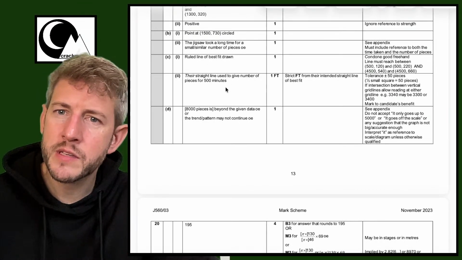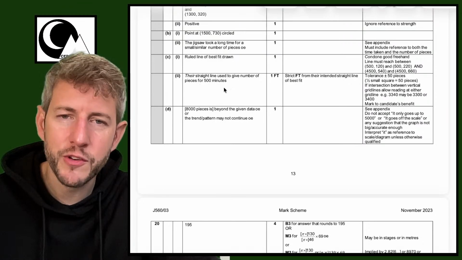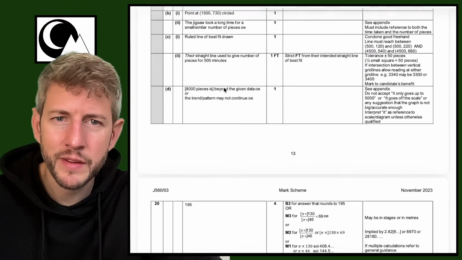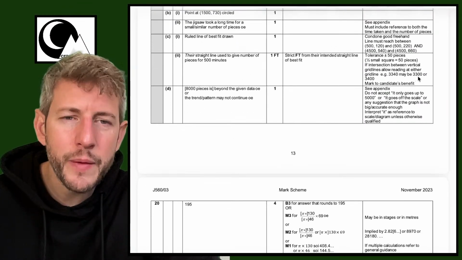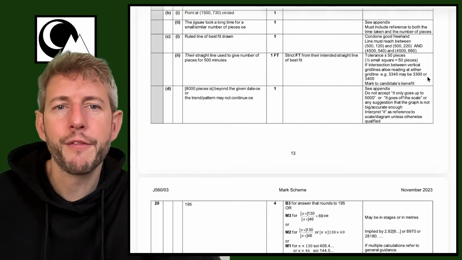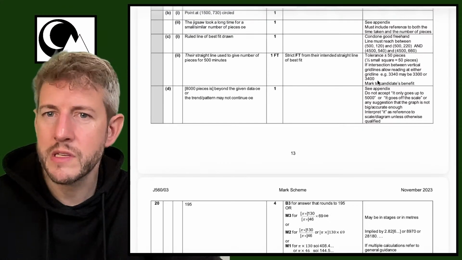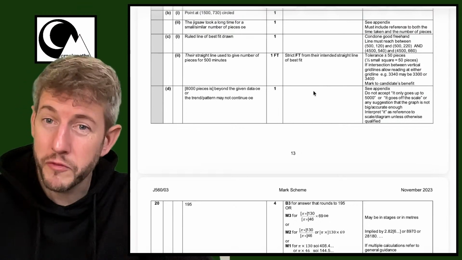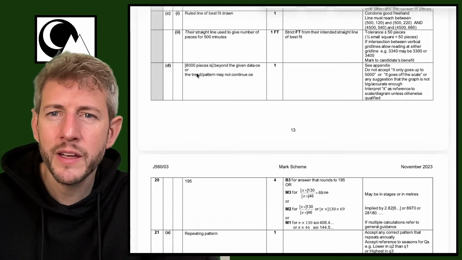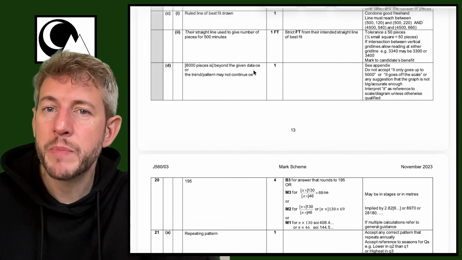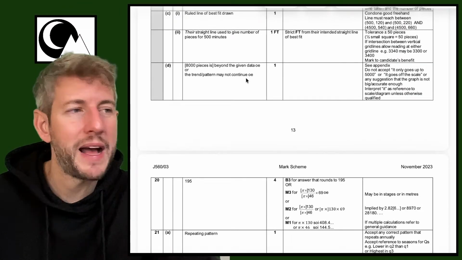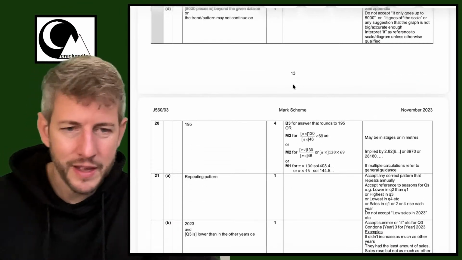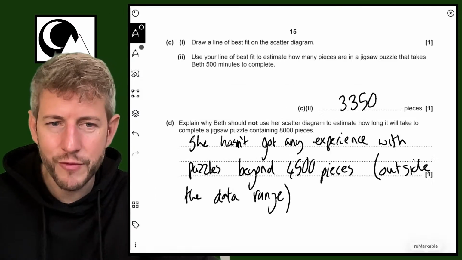Their line used to give the number for 500 minutes. They haven't actually given us the leniency. Oh yeah, here we go. It says maybe 3,300 or 3,400, so between them is what we've got. And here we go, 8,000 pieces is beyond the given data. This trend pattern may not continue. So yep, that is the same as we said, but just in a different way.